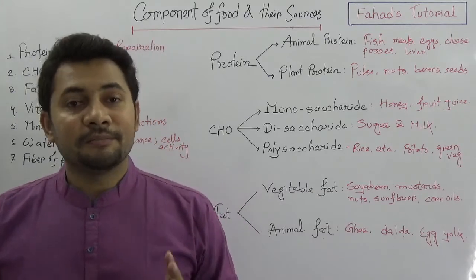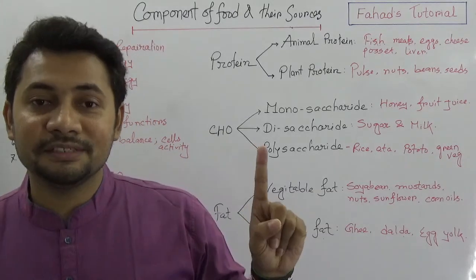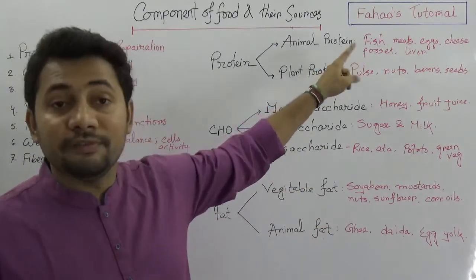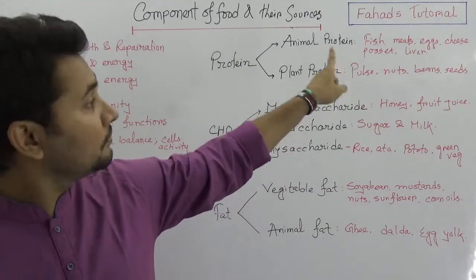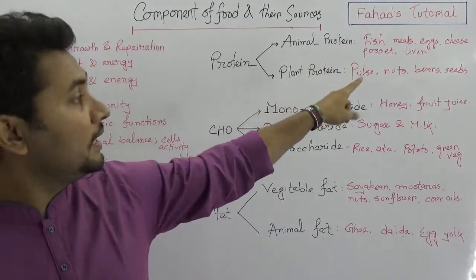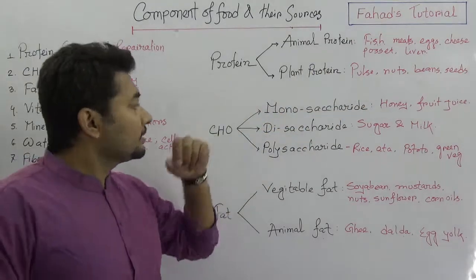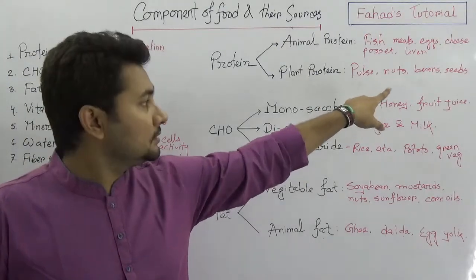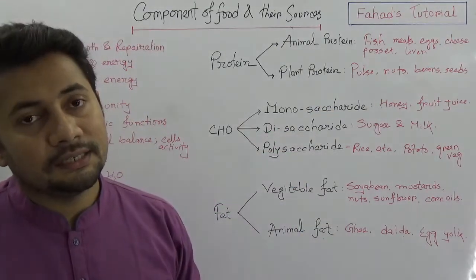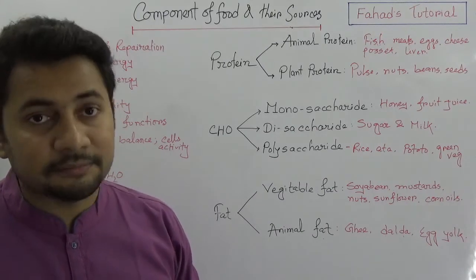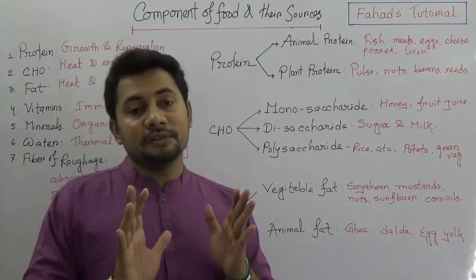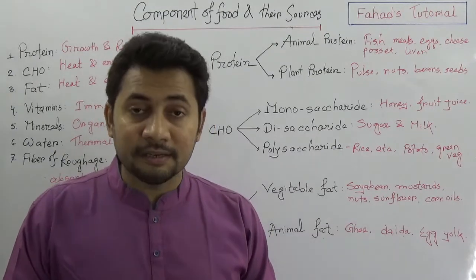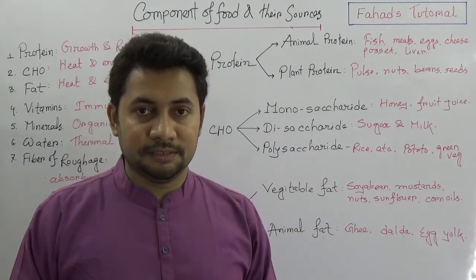Proteins have 2 sources, animal protein and plant protein. In animal protein, we have fish, meat, eggs, cheese, and liver. In plant proteins, pulses, nuts, beans, and seeds are the main sources. Protein has 16% nitrogen, and it is very important for growth and development.